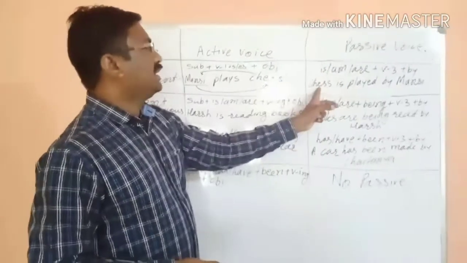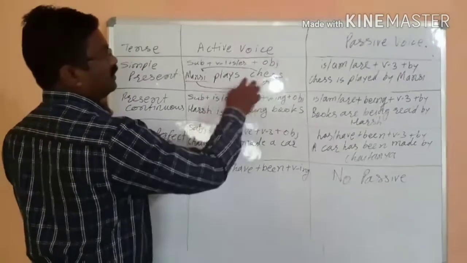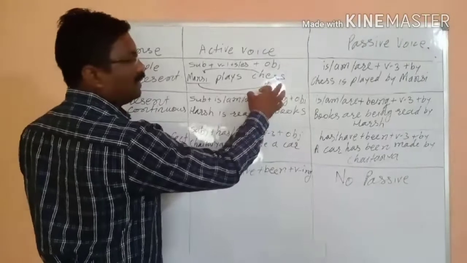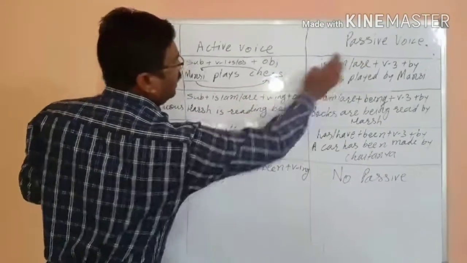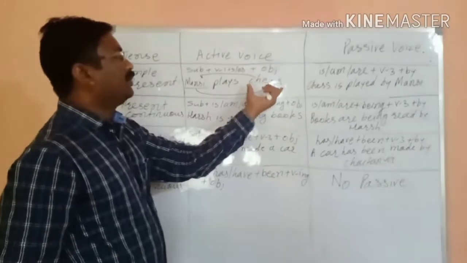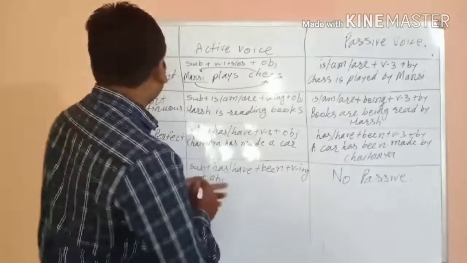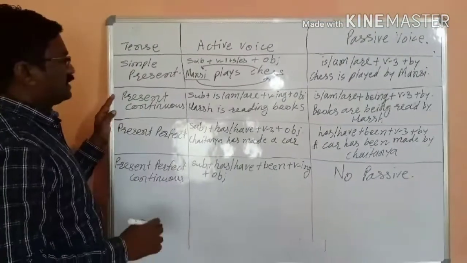Chess is played by Mansi. If the object is plural, then we can take are. According to the number of the object, whether singular or plural, we are going to change it. Present continuous tense.